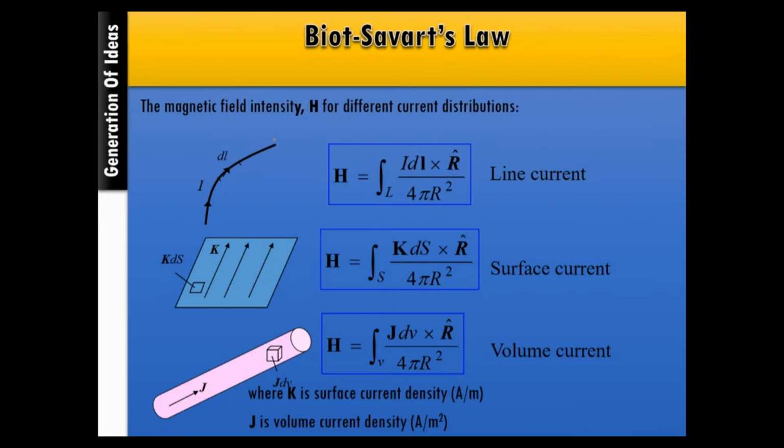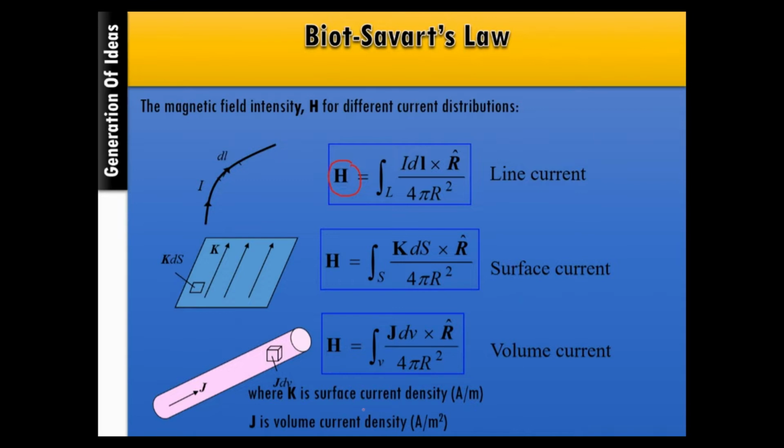When you have a line and your current flows in the line, you can generate the magnetic field. And when there are many currents on the surface of a plane, it generates the magnetic field as well. This one is from the surface currents.